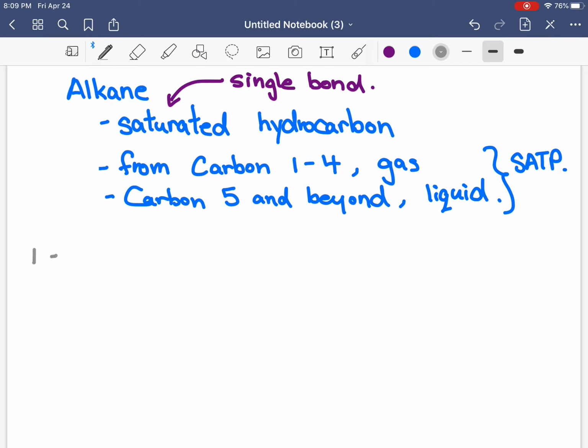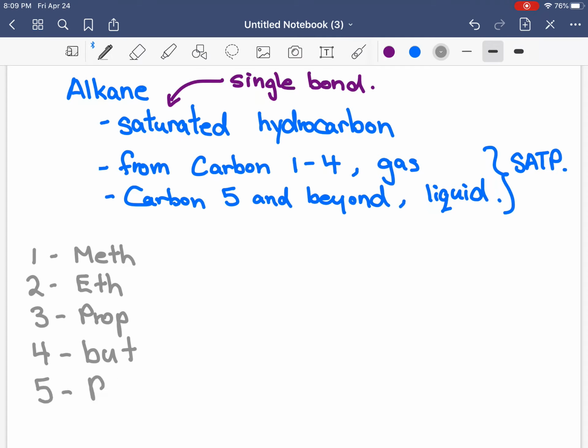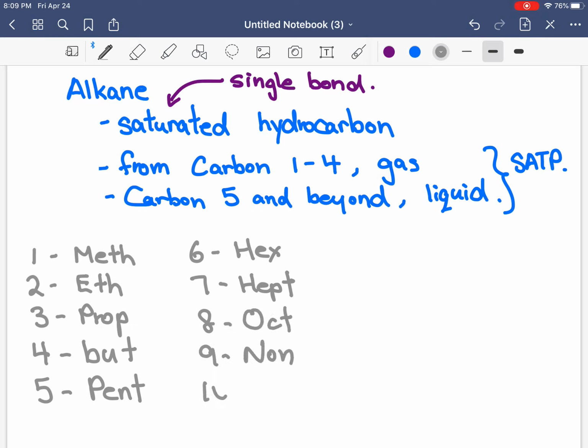So 1 is called meth. Okay? Meth. 2 is eth. 3 is prop. 4 is but. 5 is pent. 6 is hex. 7 is hept. 8 is oct. 9 is non. 10 is dec.